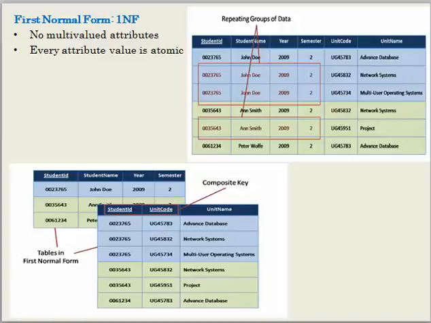In this example with student ID as the primary key, we see the three domains, student name, year, and semester, repeat themselves across the tuple for each of the different unit code and unit name entries.